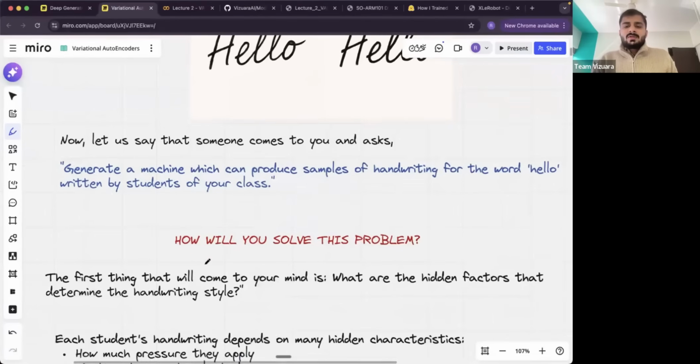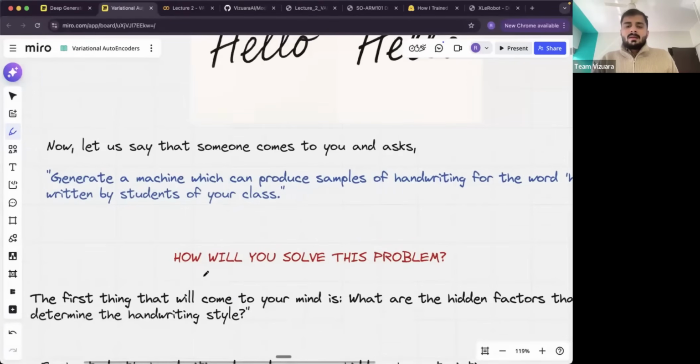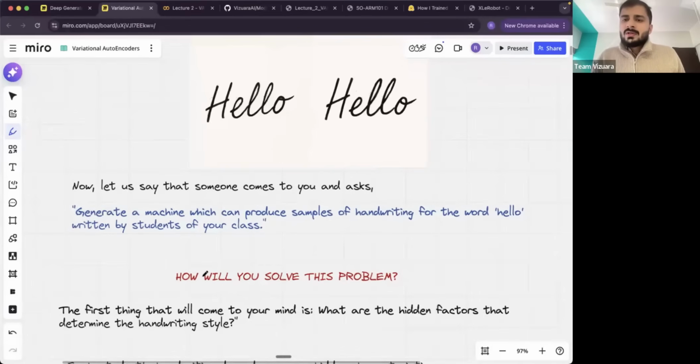The first thing which comes to your mind is that there are many hidden factors which determine the handwriting style. Pramod says capture probability distributions. Yes, but how will you capture the probability distribution? Let's forget about probability. How will you capture this variation in the handwriting samples?